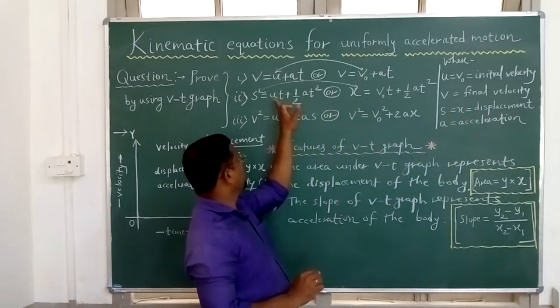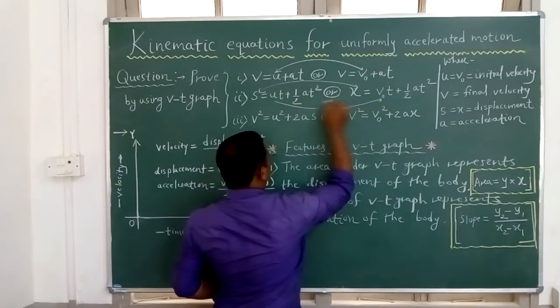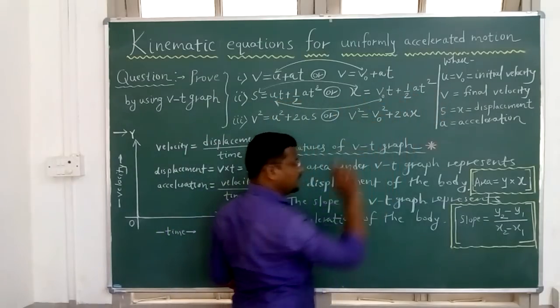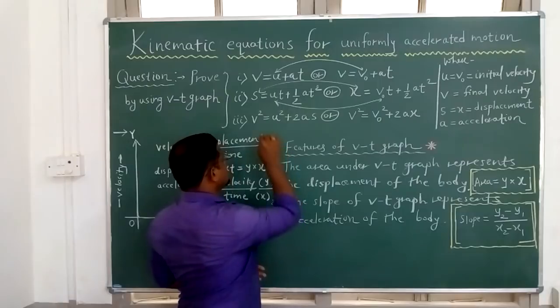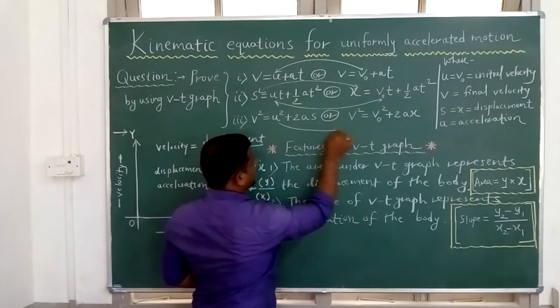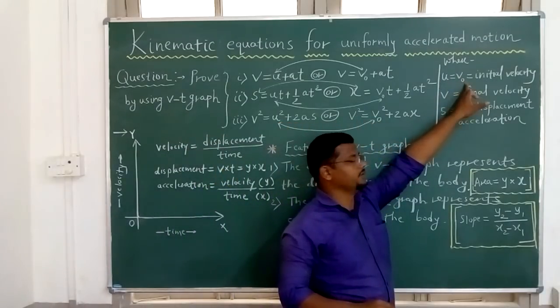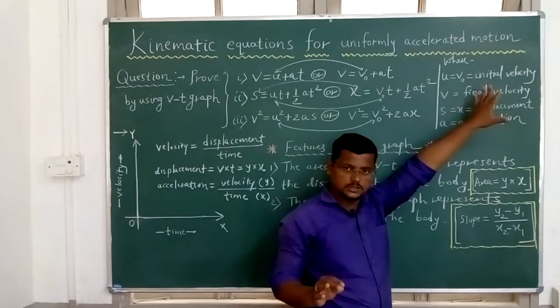Here also I have written U, but here I have written V0 because U and V0 both are one and the same. Here V square is equal to U square plus 2AS. Instead of writing U square, I have written V0 square because U is nothing but V0 only. Both are initial velocity.